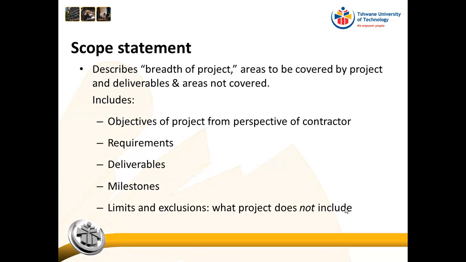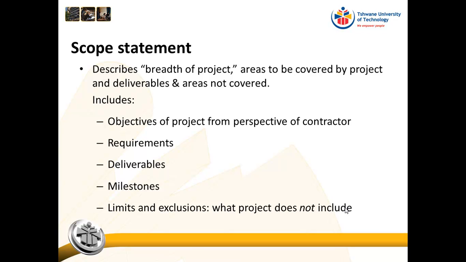So say I'm building a road that runs from TUT to town. Okay, so this is now a new road. It's going to be a 4-lane road, and it's a completely new road that runs from TUT to Paul Kruger Square. All right, now what do I put under limitations? One of the things I might want to put under limitations is the fact that I will not be supplying lighting.